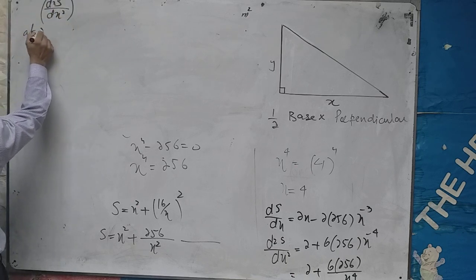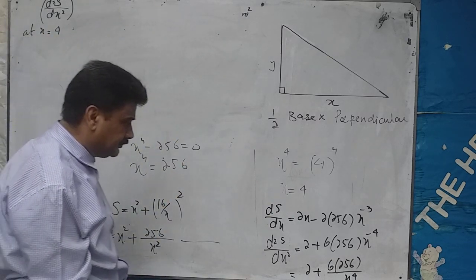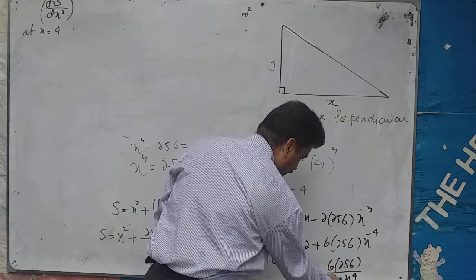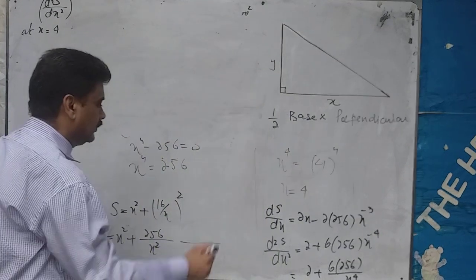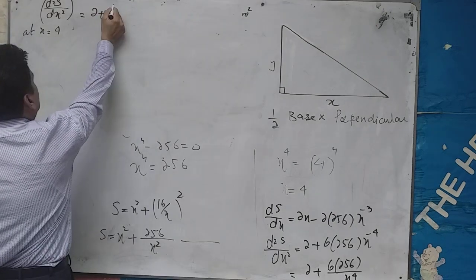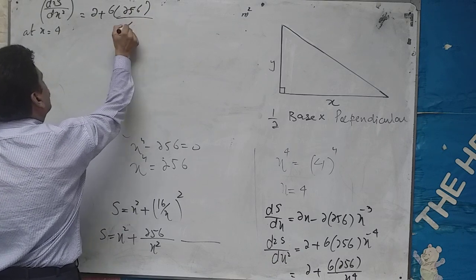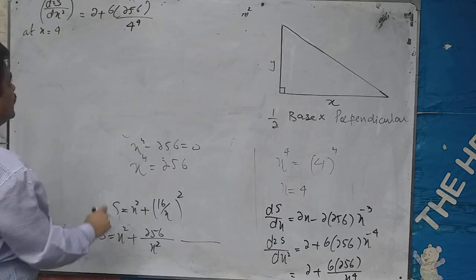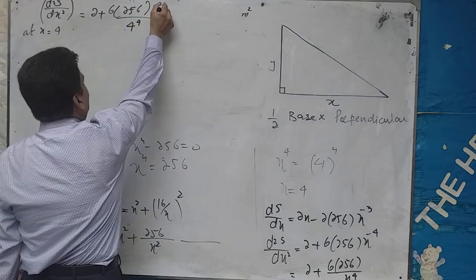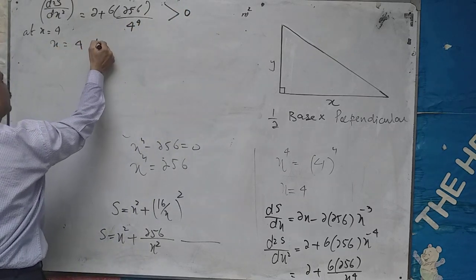At x equal to 4, this is 2 plus 6 multiply 256 by 4 raised power 4, which will be positive, because the value of x raised power 4 is positive. Hence we write x equal to 4 is minimum.